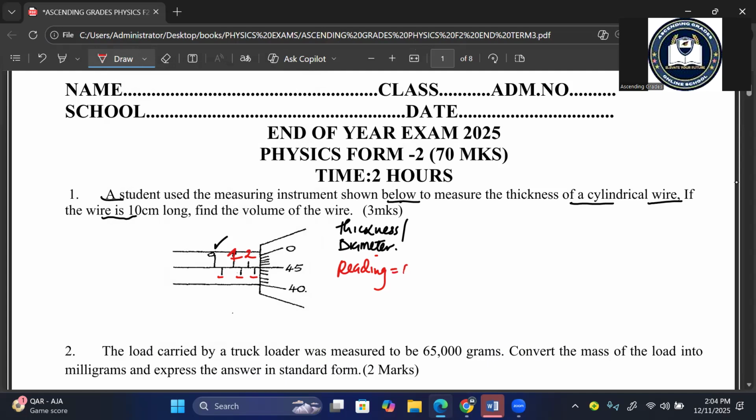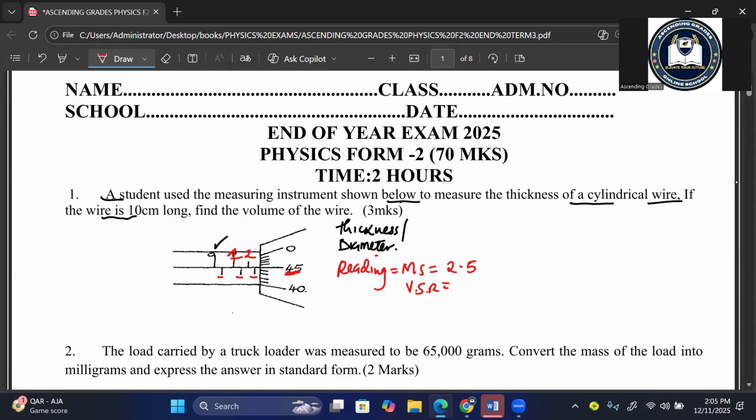So the main scale will be giving us 2.5. Then our vernier scale will be giving us, you can see it is aligning with the 45th mark.